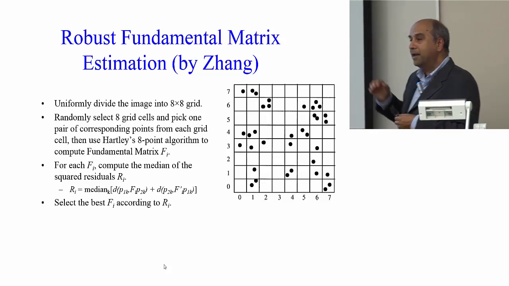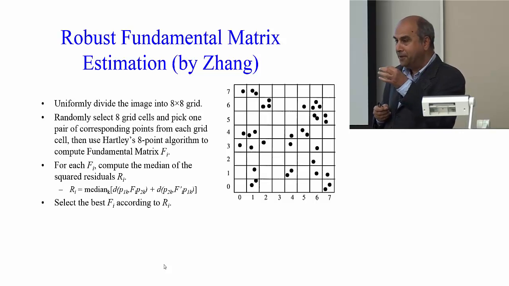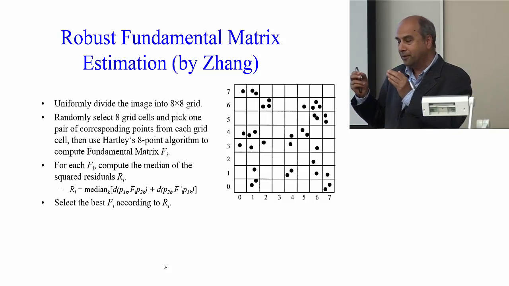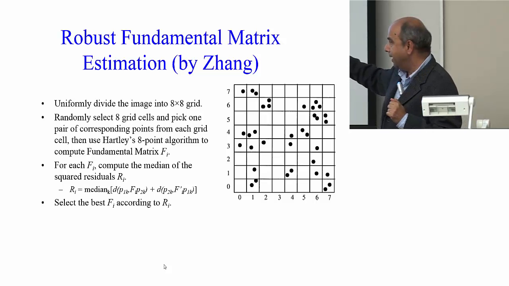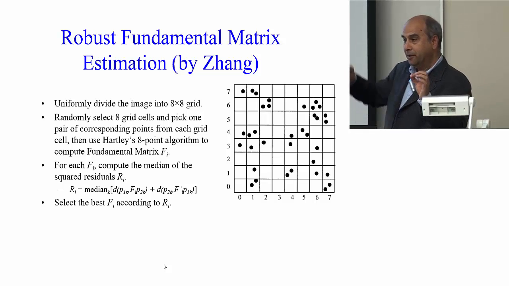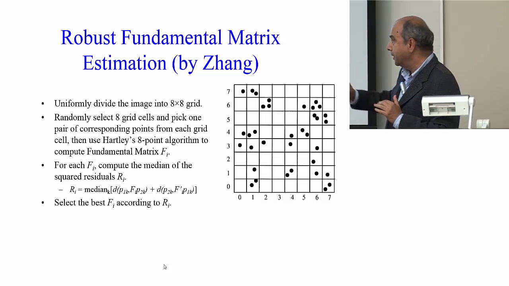So this way it will find the error of every 8-point selection you got. You get a fundamental matrix, and you look at the error of the remaining points. And this is the symmetric error. The point here, go to the line, what's the error? The point here, go to the line, what's the error? Add it up.